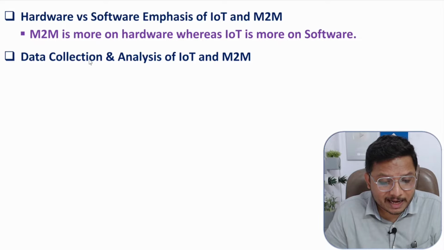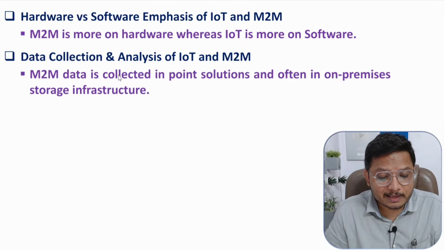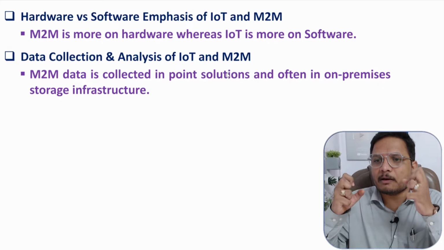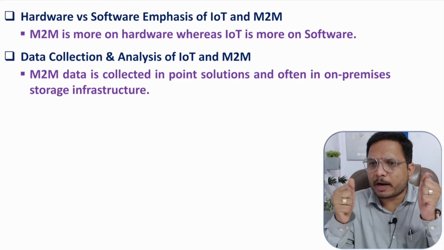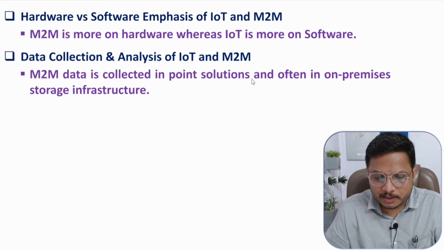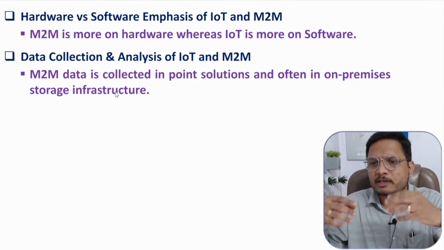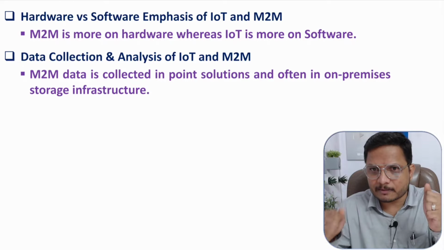When you talk about data collection and analysis in IoT and M2M, M2M data is collected for point solutions. Point solution means one device is providing input to another device, so point to point communication is happening. This is more often used with on-premises storage infrastructure, by which a solution is given between two devices.